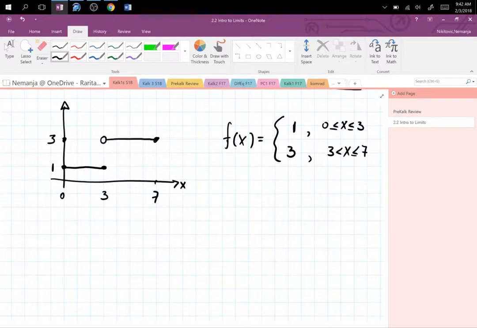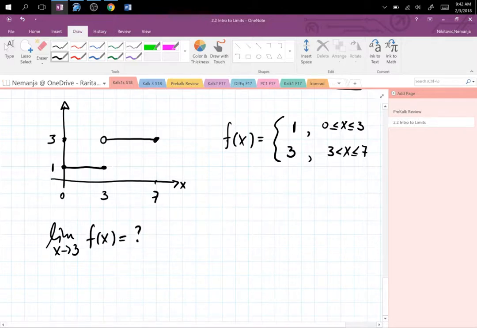And now my question is, what is the limit as x approaches 3 of f of x? Right? What is it? Doesn't exist. Right? Now, we actually have to use the theorem above to show that the limit does not exist.